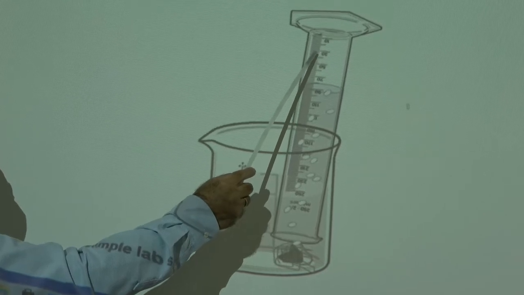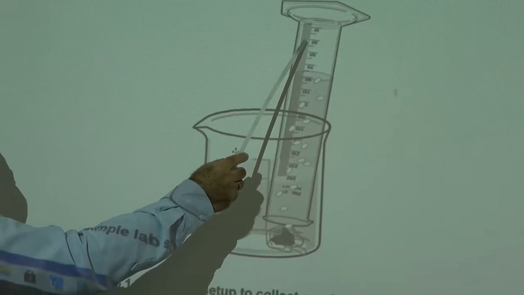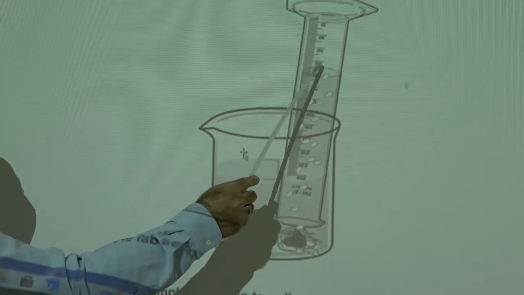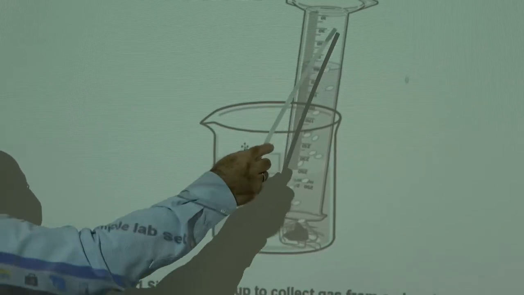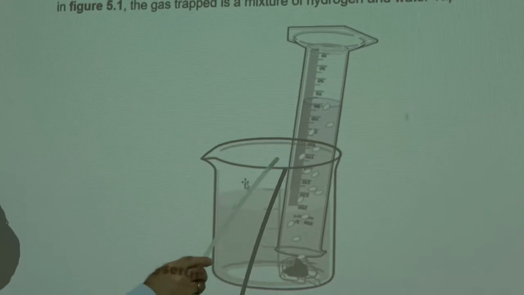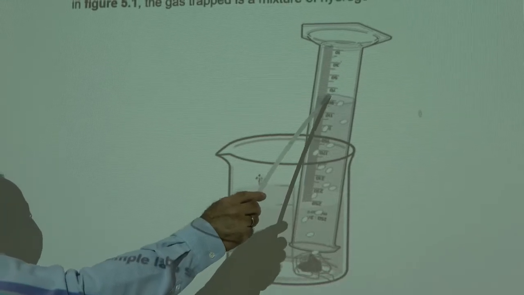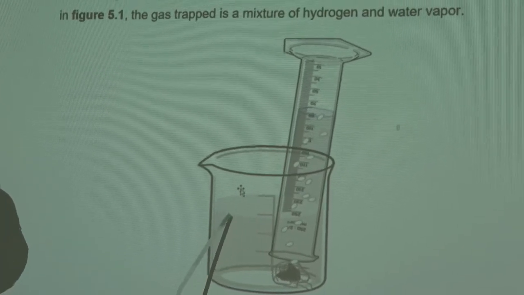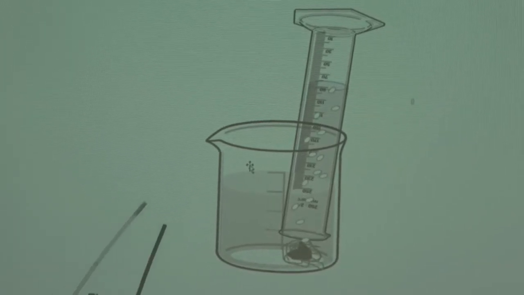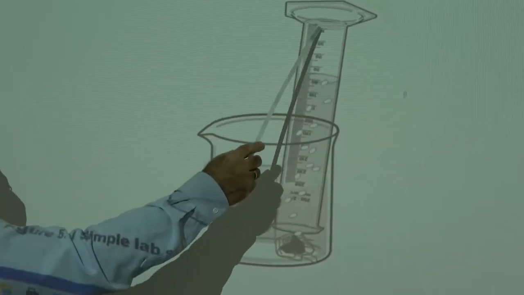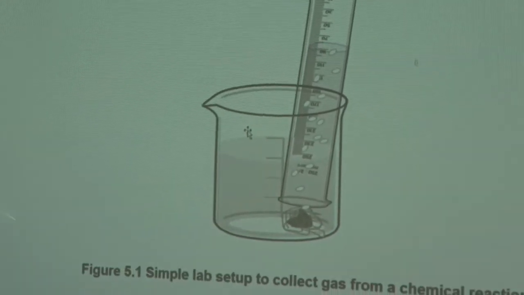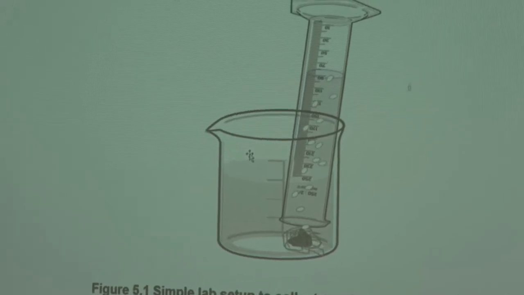So we have the pressure from hydrogen and we have the pressure from water. The pressure inside this void is going to be equal to the atmospheric pressure when we equal the level of the liquid in the cylinder and the level of the liquid in the beaker. Which means that we know the total internal pressure, and from that total internal pressure we can calculate the hydrogen pressure.